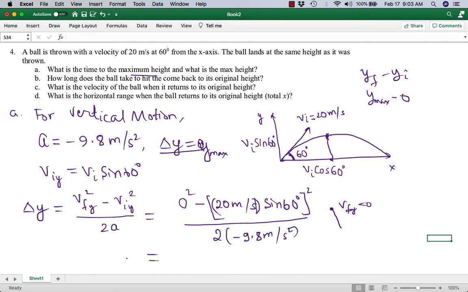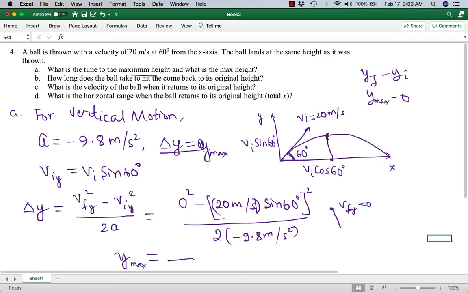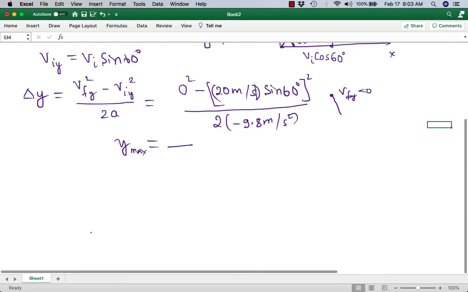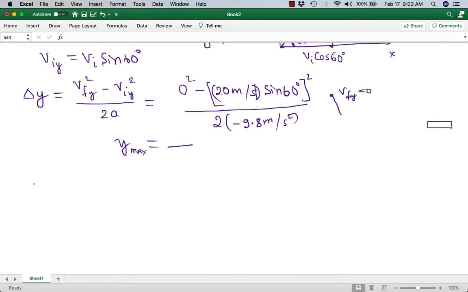Okay, so you do the calculation, you get the maximum height. And once you have that, you can also find the time for the maximum height. For time, I'm going to use this formula: delta y is equal to viy t plus 1/2 a t squared.